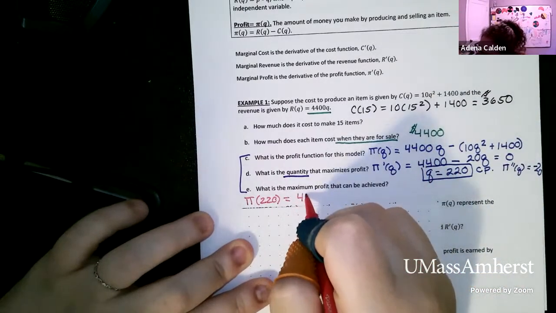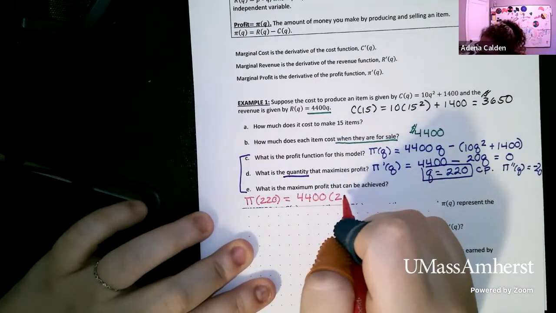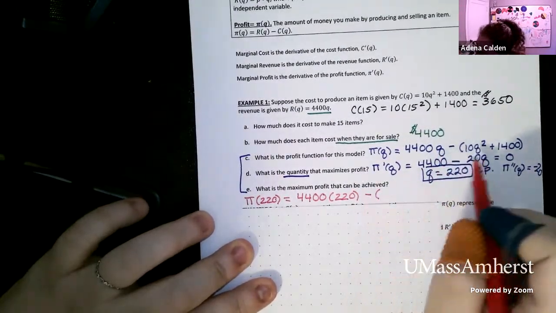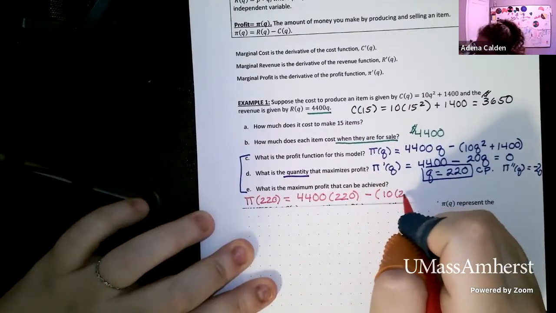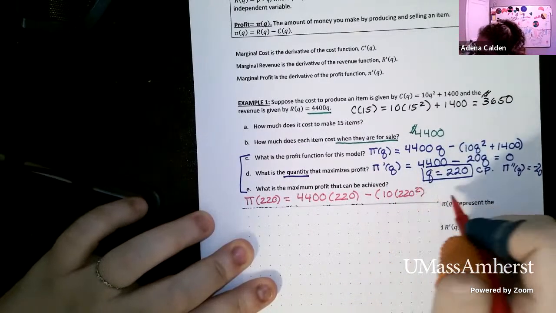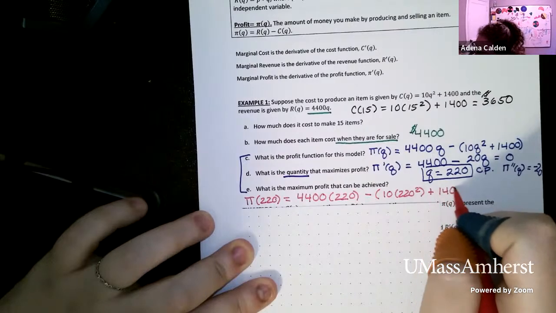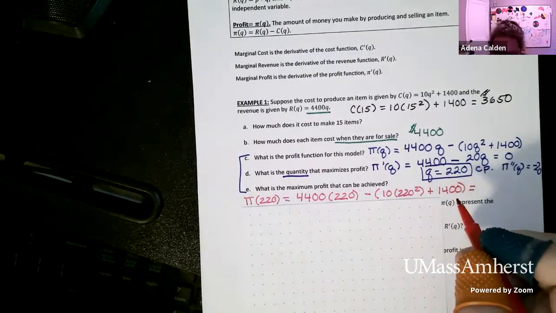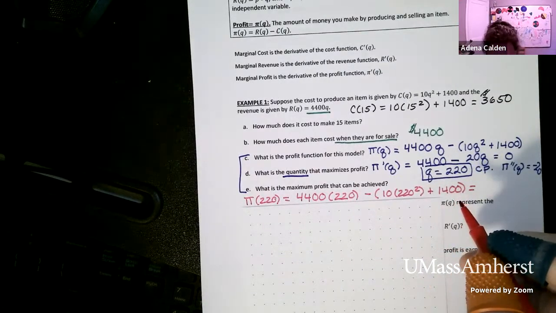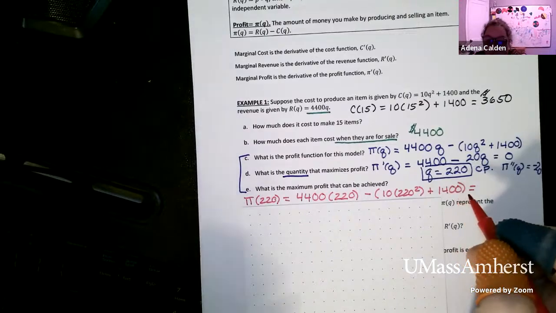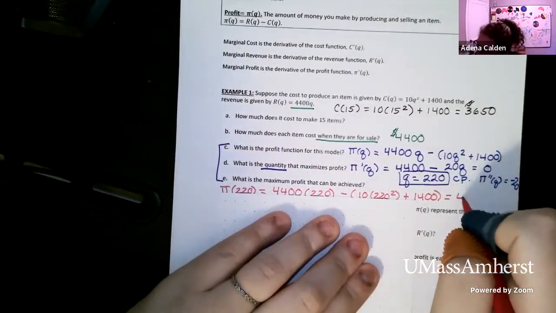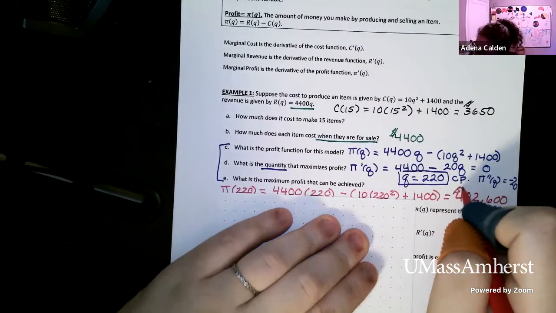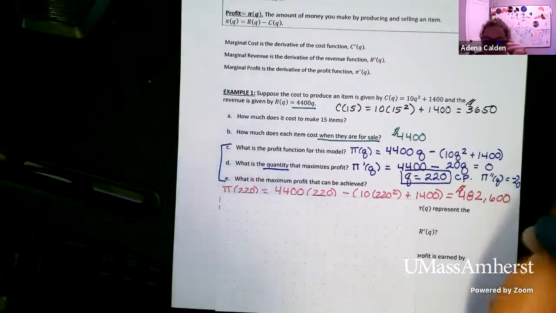So we have 4,400 times 220 minus 10 times 220 squared plus 1,400. Be careful with your parentheses and where the minus is, okay? When we crunch that number, we are going to get $482,600. Okay, so again, units are in dollars.